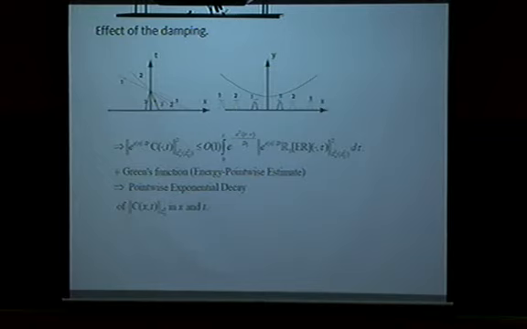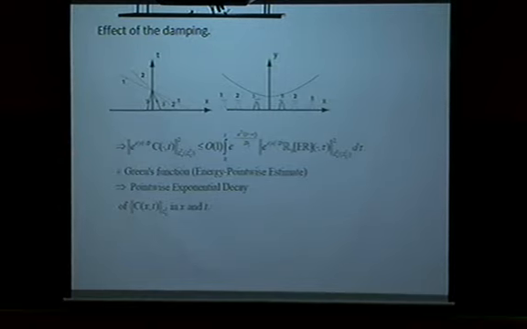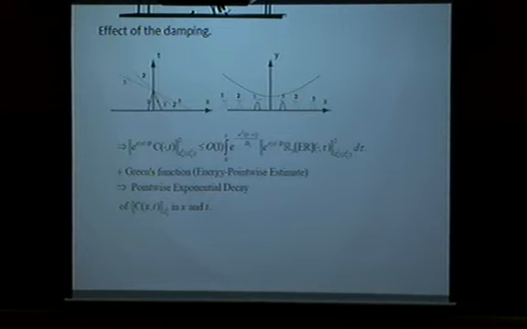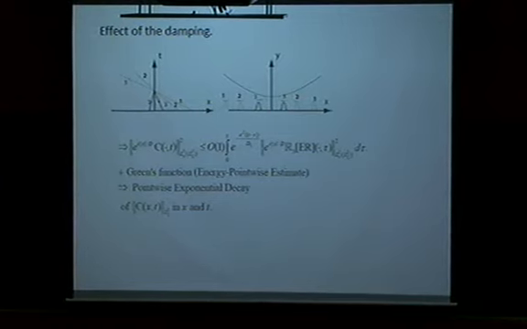Then you get the global estimate, and the solution decays exponentially in space. Your error decays exponentially in time. So it turns out this C component decays exponentially in space and time.